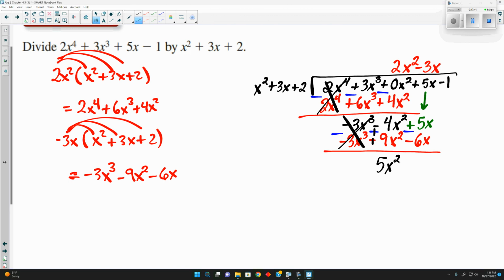The next one we have 5x minus negative 6x. The negative and negative would make a positive, giving us 5x plus 6x, which would be plus 11x. Bring down the negative 1.